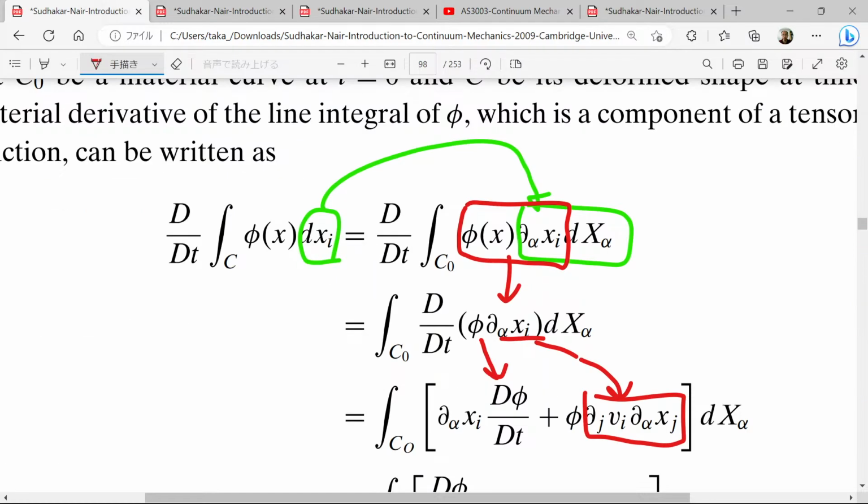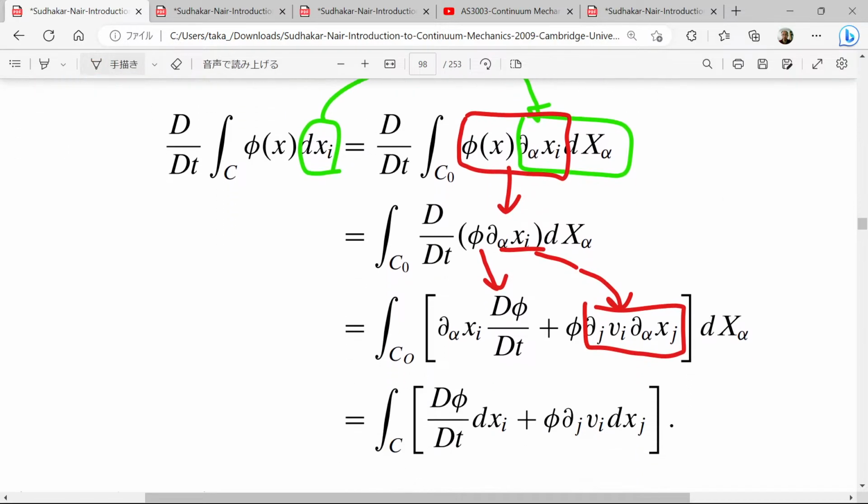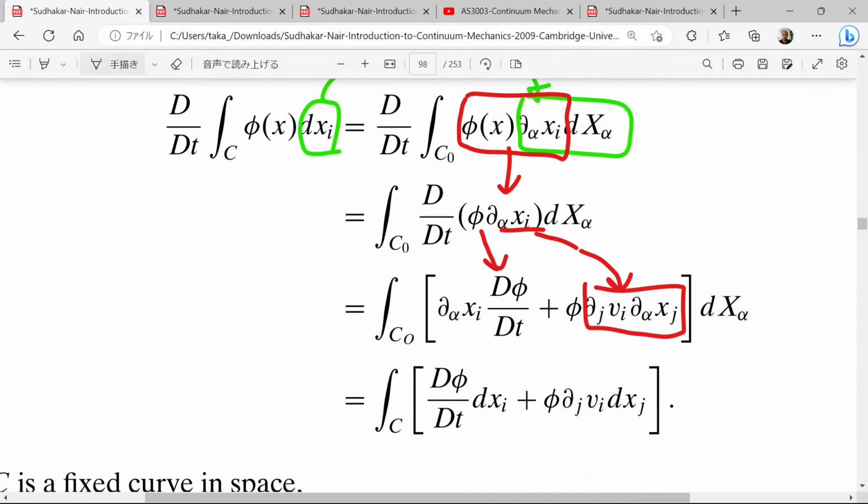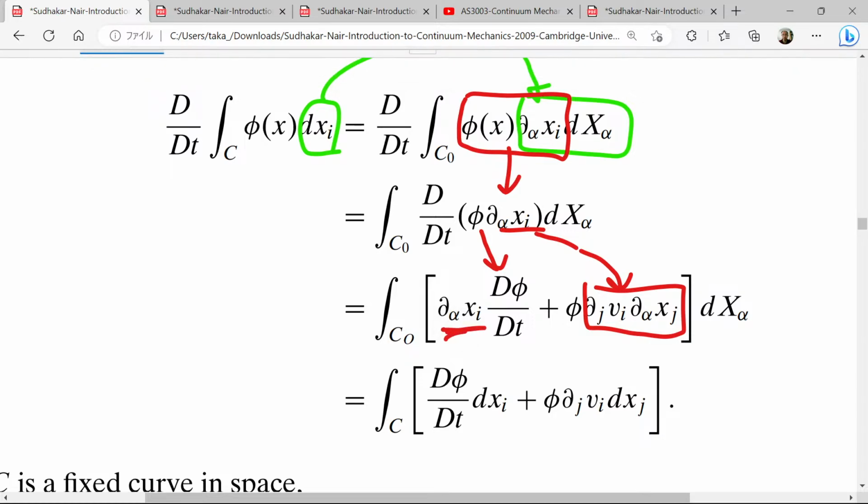So I think this is okay. Then we recombine, put it back, this thing and this thing.